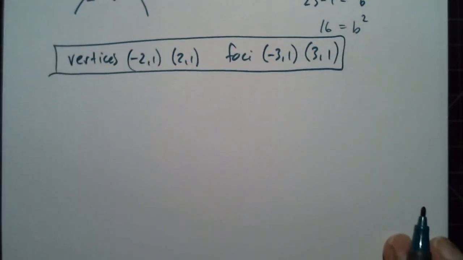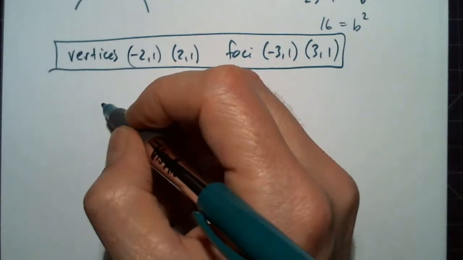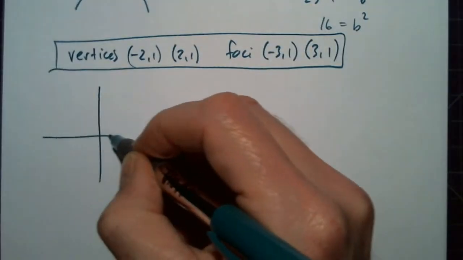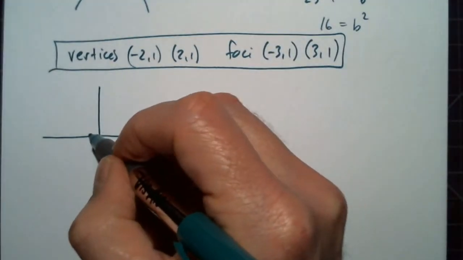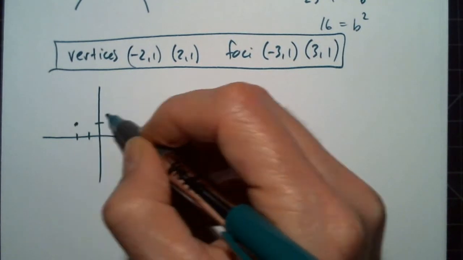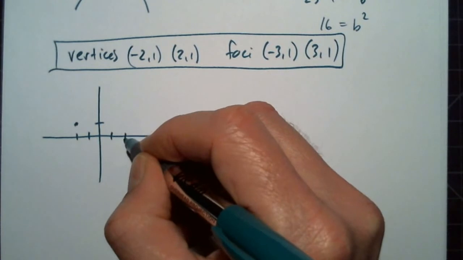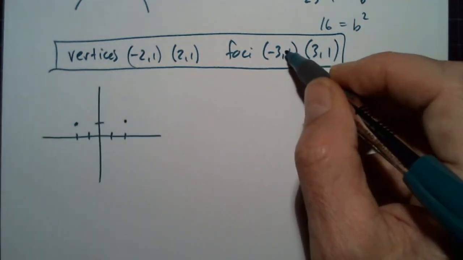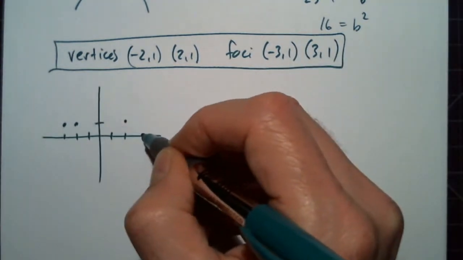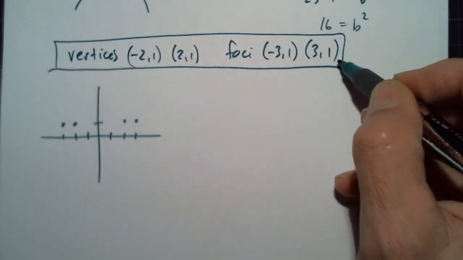Okay, pause the video and try that one. Vertex at -2, 1 and +2, 1. Foci -3, 1, +3, 1.